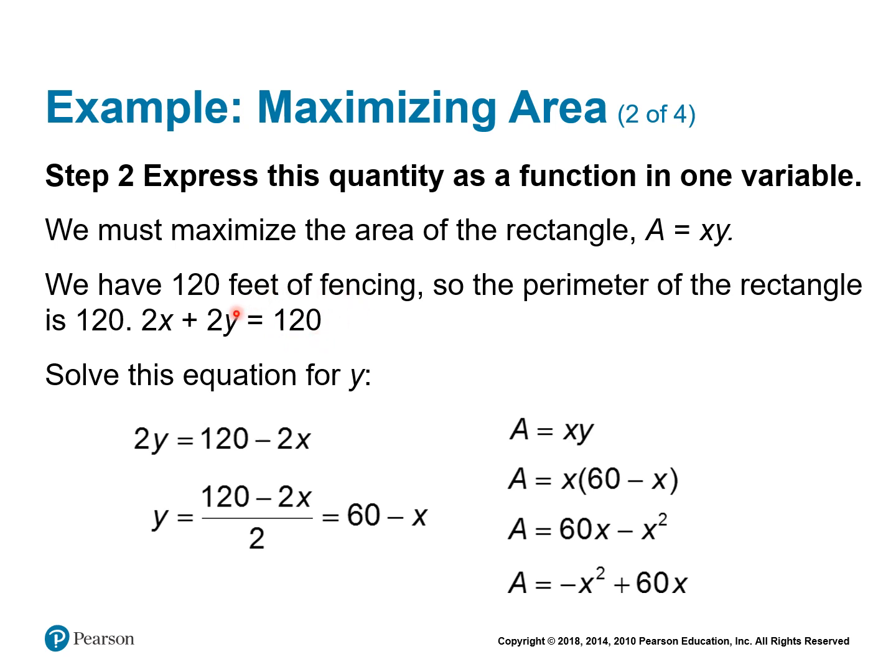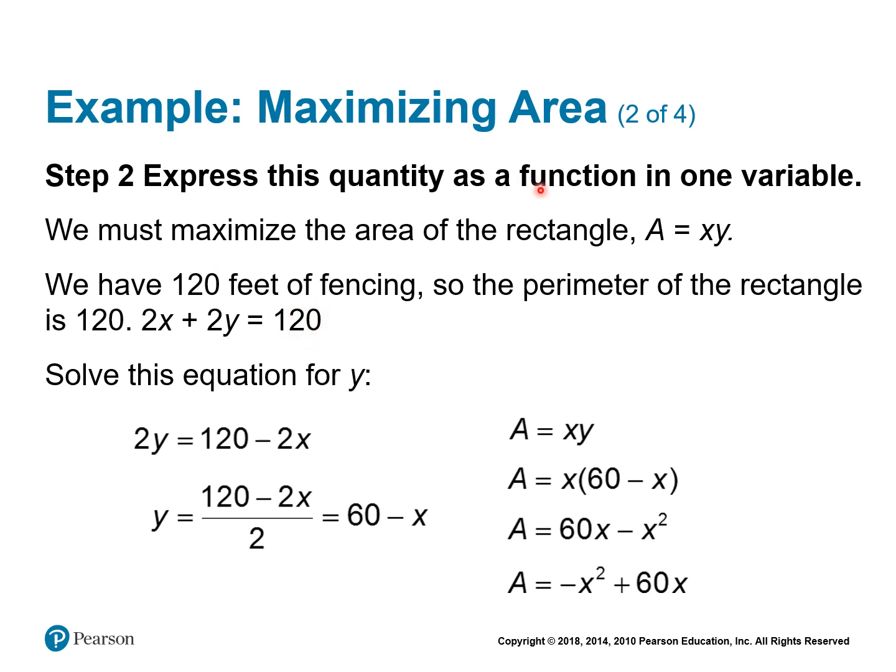So the amount of fencing material that we have, 120 feet, is the perimeter of the rectangle. That's why they have 2x plus 2y equal to the perimeter. And since the fence is going to cover the perimeter of the rectangle, we put 120 here.